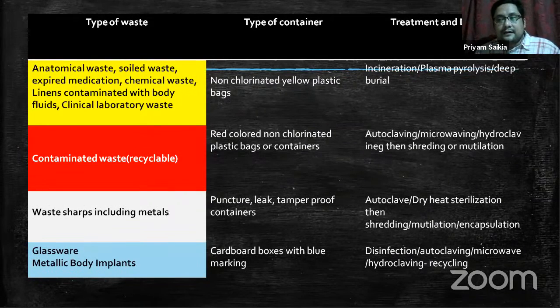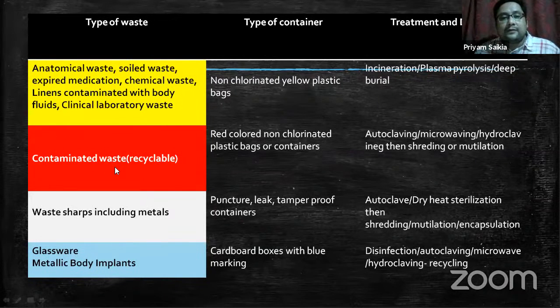The biomedical waste guideline recommends that anatomical waste, whether human or animal, soiled waste, expired medication, chemical waste, linens contaminated with body fluids, and clinical laboratory waste should be stored in a yellow non-chlorinated plastic bag, and then they should be treated and disposed of as per the recommendation of the law.